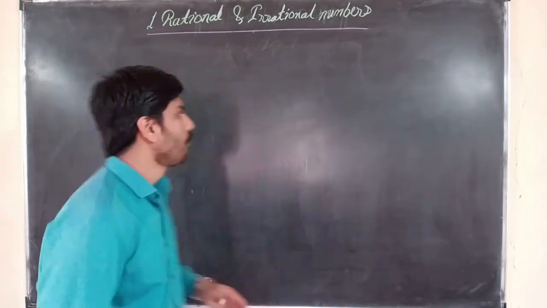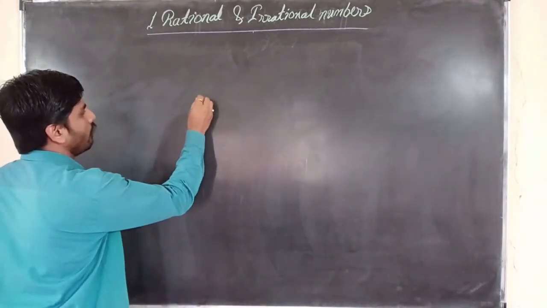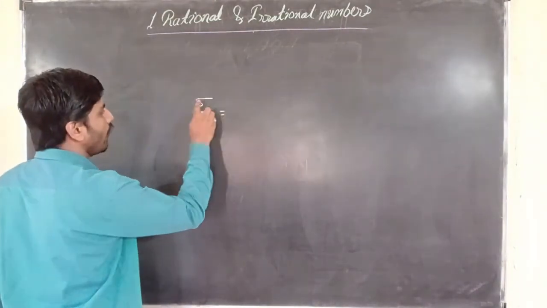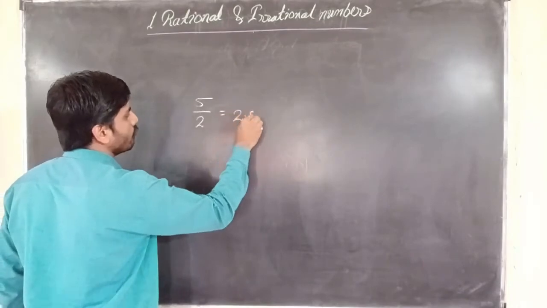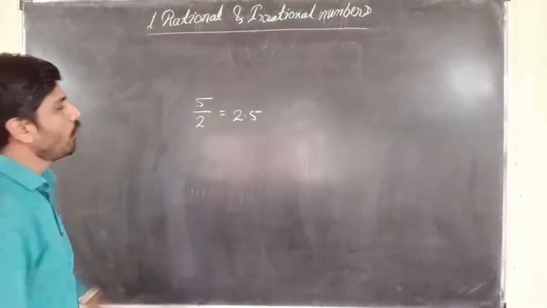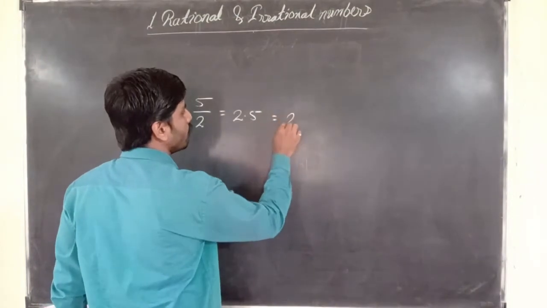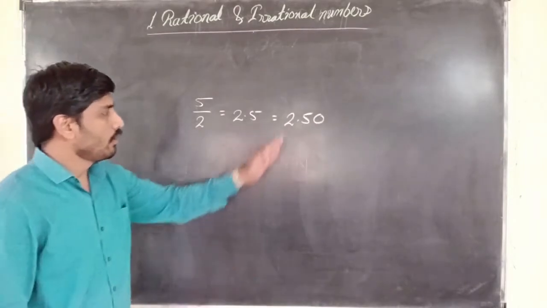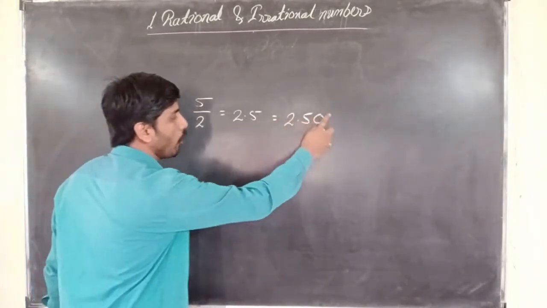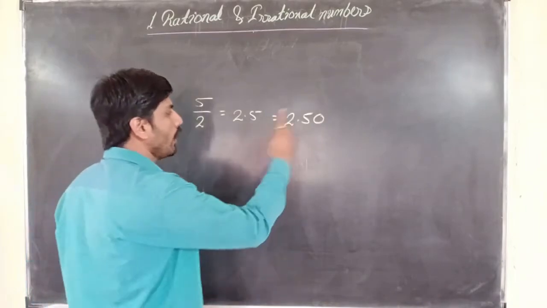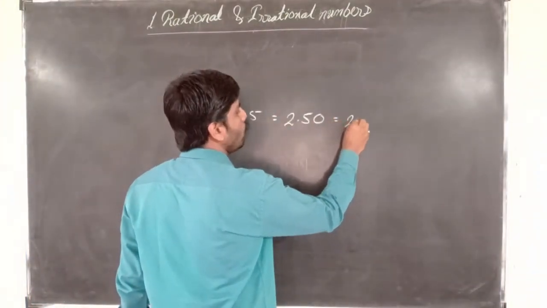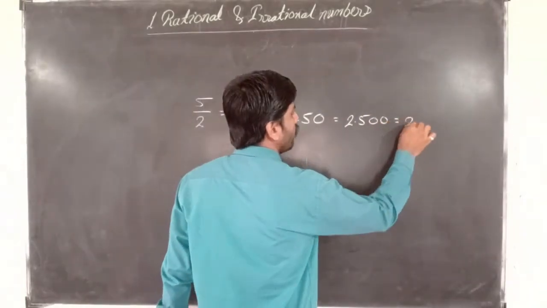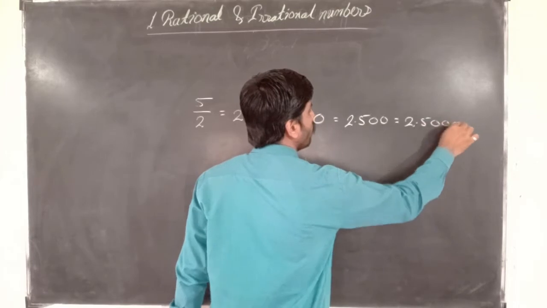For example, 5 by 2. If we divide 5 by 2, then we will get half of 5, that is 2.5. But we can write this 2.5 as 2.50, as zeros after the decimal point have no value. We can write this number as 2.500. We can write this again as 2.5000.